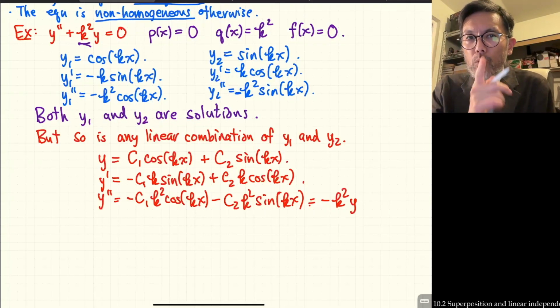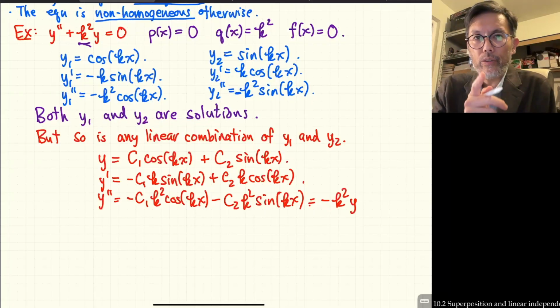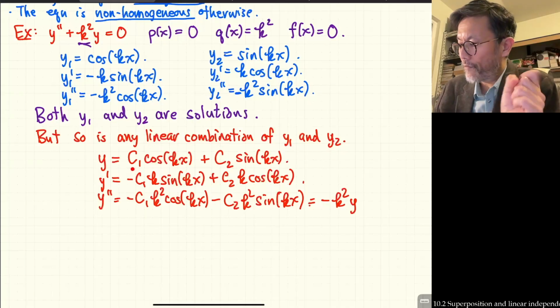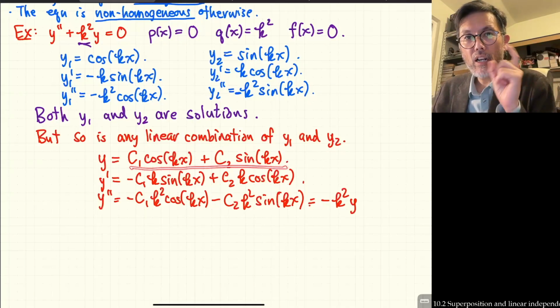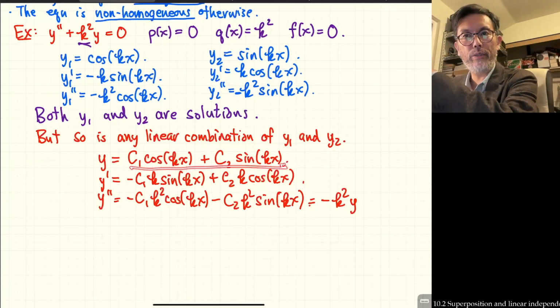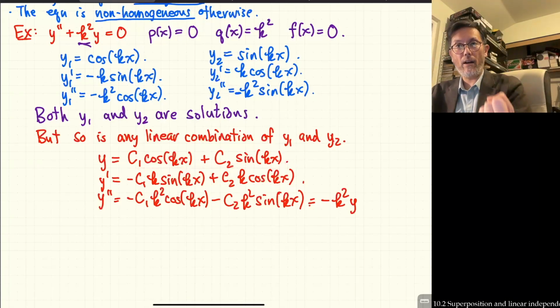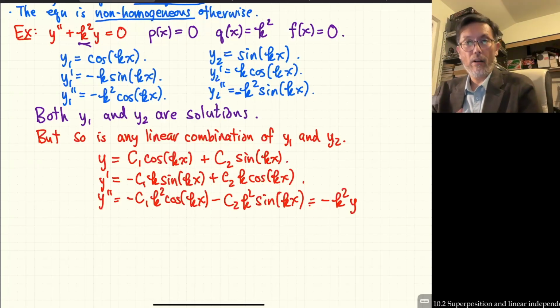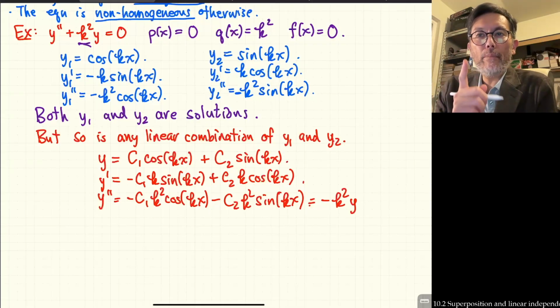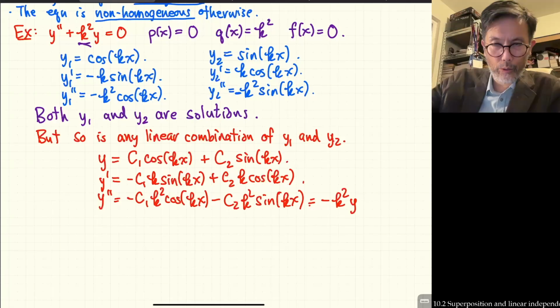But not only are y1 and y2 solutions, I said that any what's called linear combination of y1 and y2, which is any expression of this form, a constant times y1 plus a constant times y2, is again a solution. That's what's called a linear combination of y1 and y2. And what we showed is that any linear combination of y1 and y2 is again a solution.